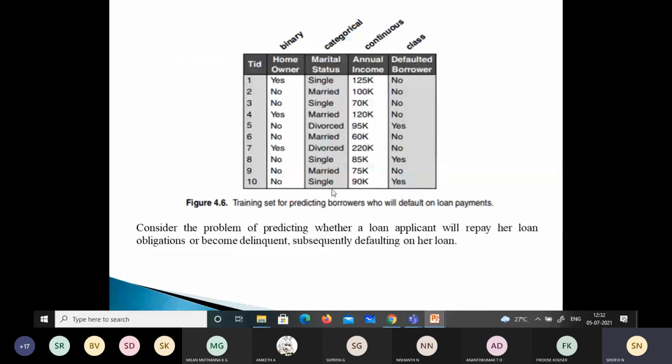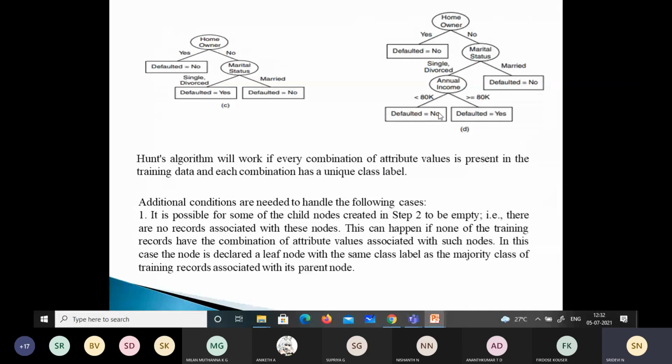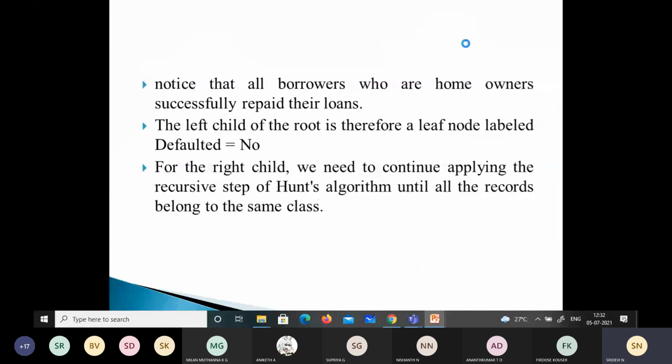That is this one, no, single, and 90K, yes. 3 records to the right and 1 record to the left. So these are pure nodes now. They all belong to the same class. So we cannot split them further. Hence, the tree is constructed and all the nodes which are available, the terminating nodes, are purer nodes. You have to just look into this.